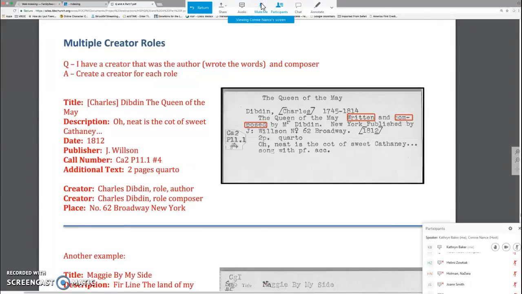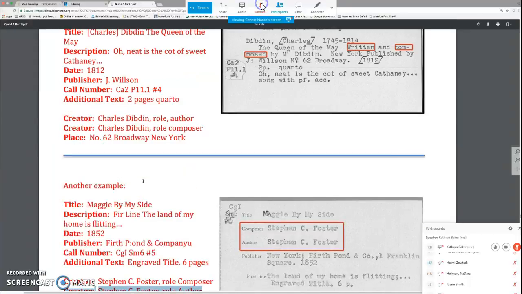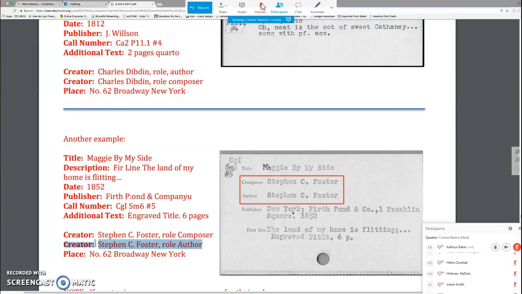Sister Nance? Yes. On that last one, did you want to talk about New York? It's a state unless there's a street address. Oh, yeah, we can do that. If we had just First Pond and Company, New York goes in the state.